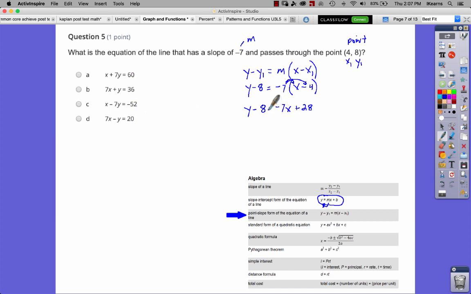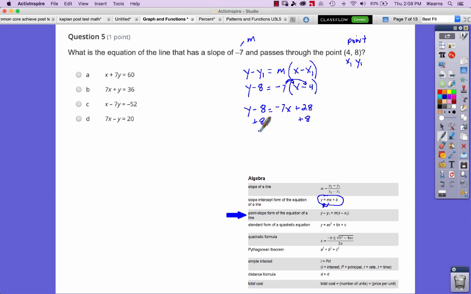So we've got y minus 8 equals -7x plus 28. We need to move this -8 over so we can isolate y by itself. So we're going to do the opposite of subtracting 8, which is adding 8 to both sides.